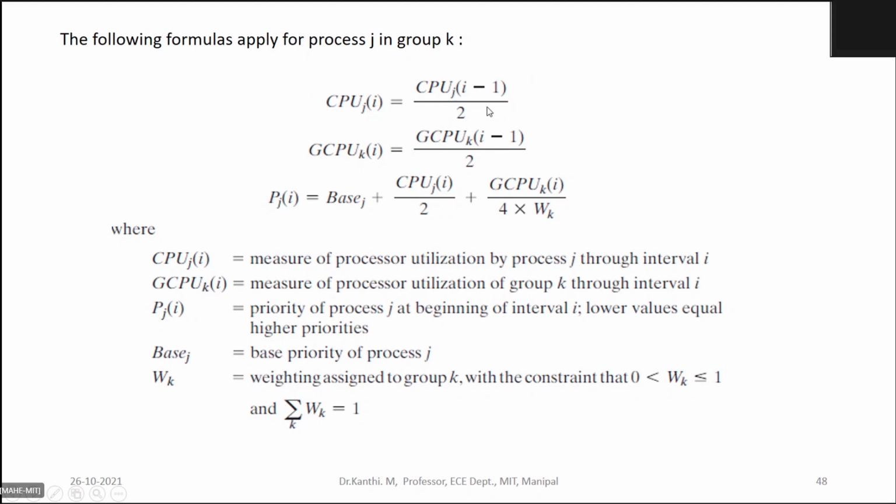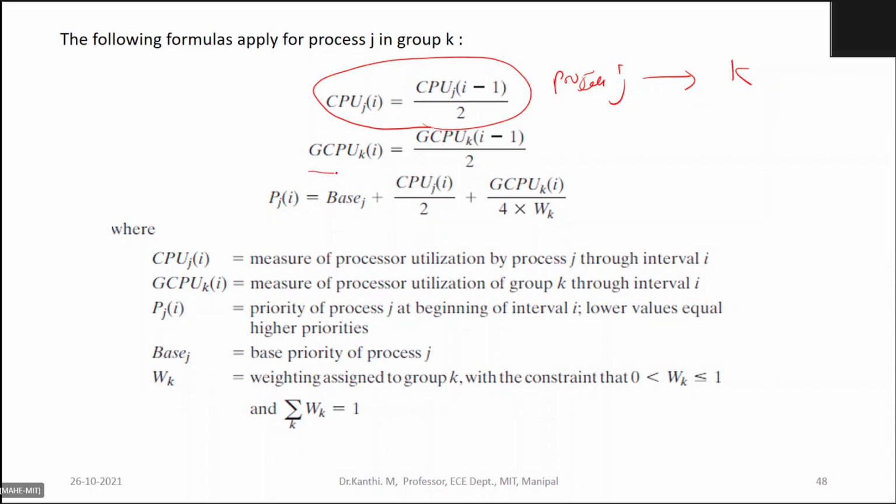The first line shows the CPU utilization. For example, for process j, which belongs to a group k, the CPU utilization at a particular instant of time is given as CPU_j(i) = CPU_j(i-1)/2.